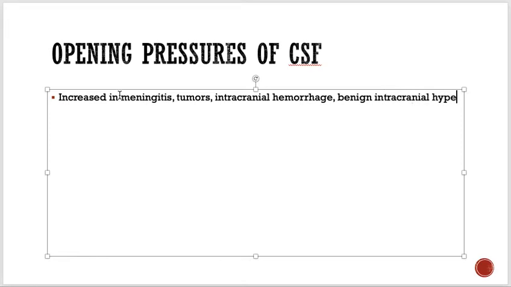In this one, the pressure will be raised as well. Basically we don't find any cause, but still the intracranial pressure is raised. So that is called benign intracranial hypertension.